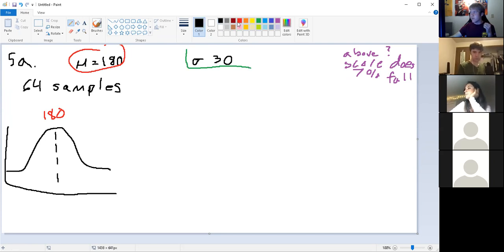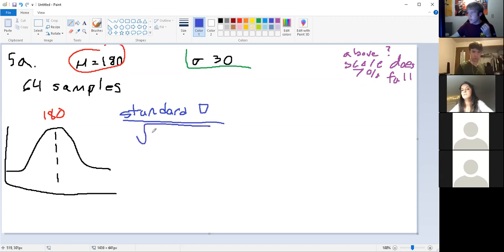It's going to have a standard distribution based off of the thing I said before, where it's standard distribution over the square root of samples, which in this case is 30 over the square root of 64.